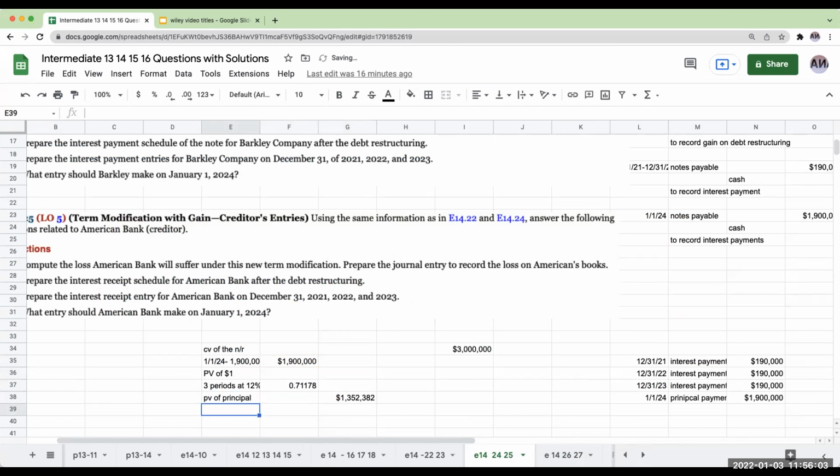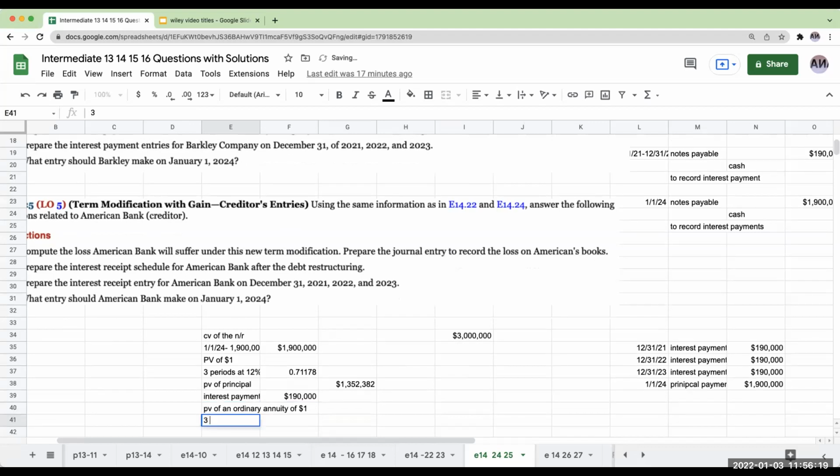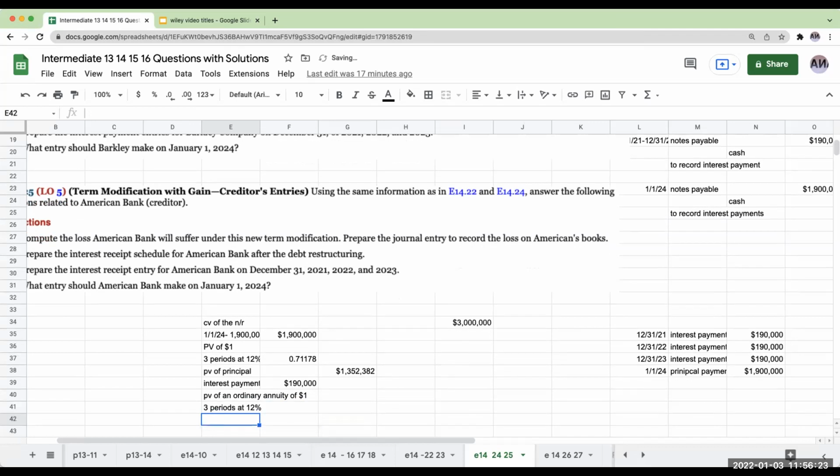I then take the interest payments. My interest payments are going to be 190,000, and I'm getting 3 of them. This is going to be a present value of an ordinary annuity of $1, 3 periods at 12%.